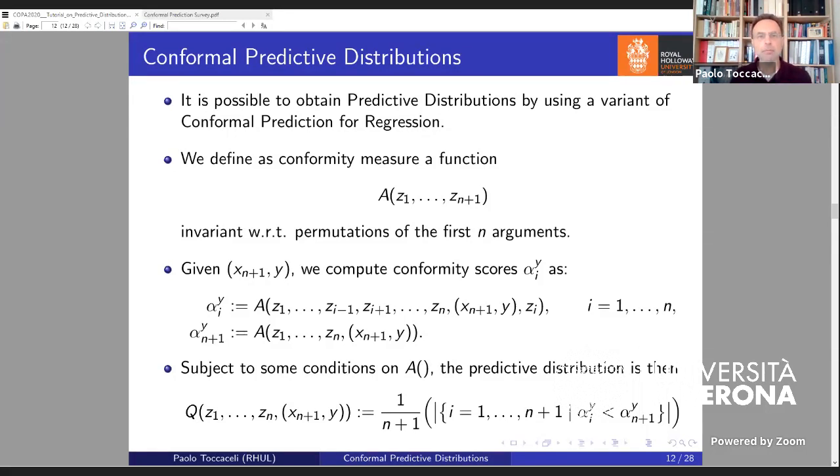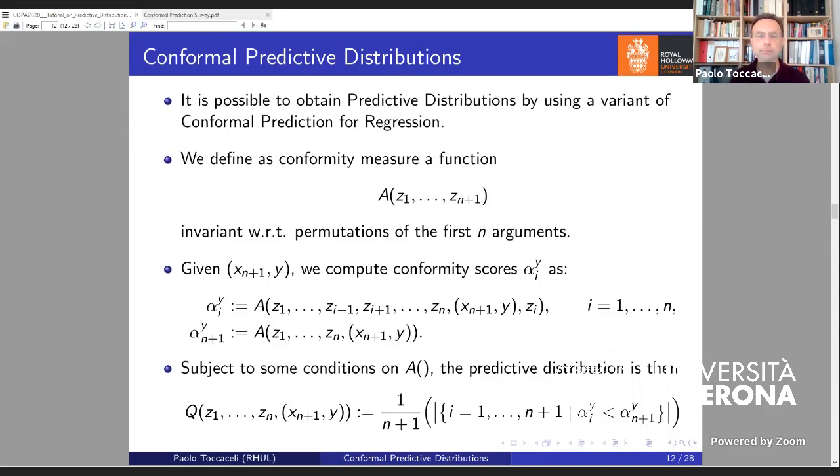Basically, we have a method that can use an underlying regression algorithm, provided that it meets some conditions that I'll talk about in the next slide, to obtain a distribution that has the property of validity, of guaranteed coverage.